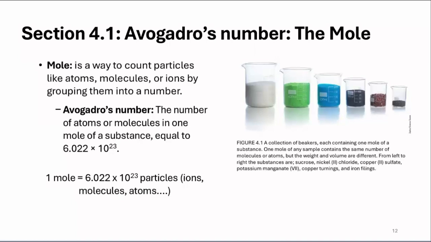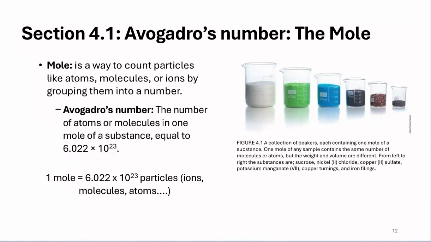Well, in chemistry, when we group atoms, molecules, or ions into a single number, that is known as Avogadro's number. In Avogadro's number, that single number that defines these atoms, molecules, or ions is 6.022 times 10 to the 23rd.